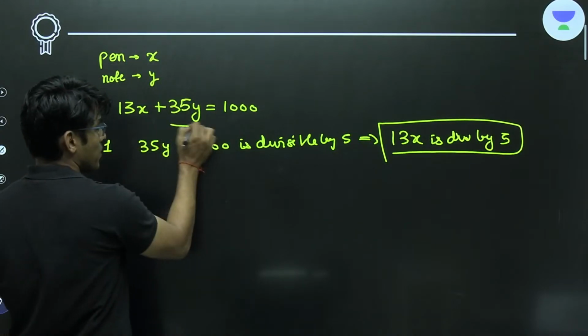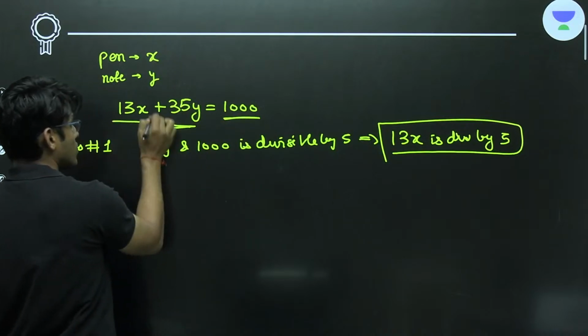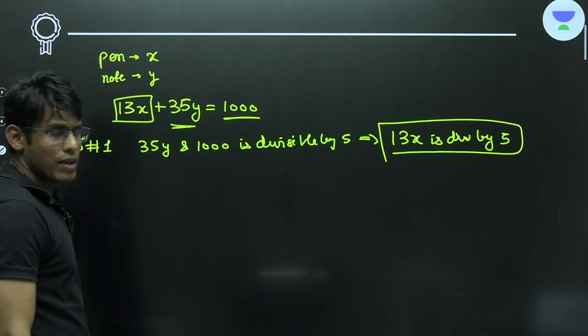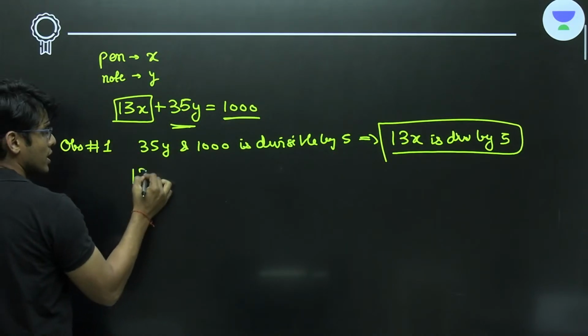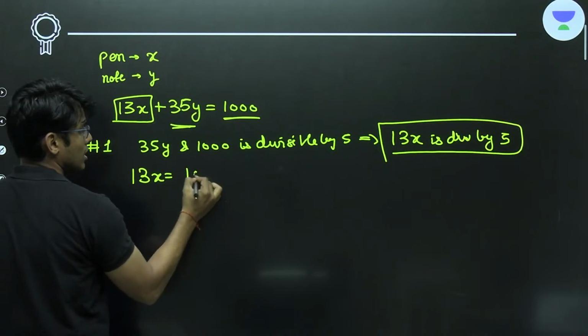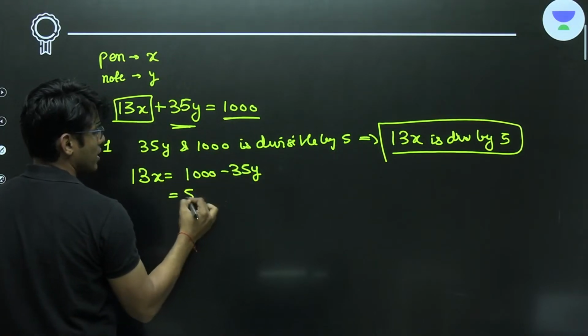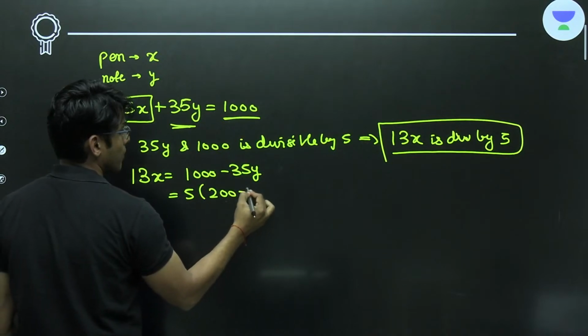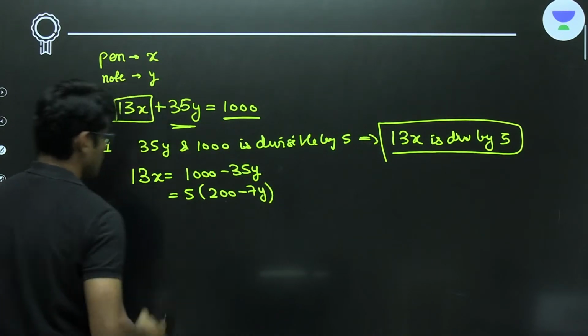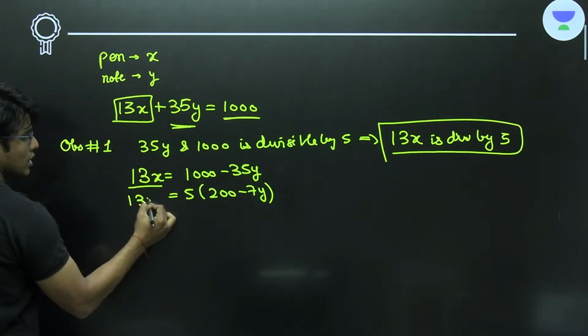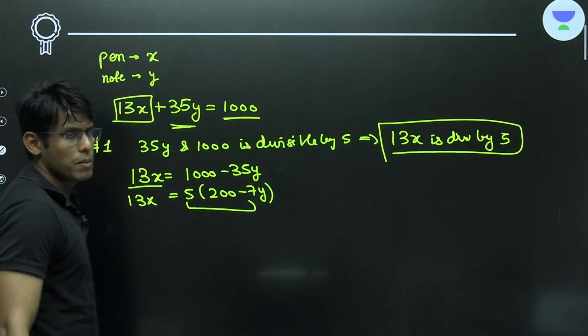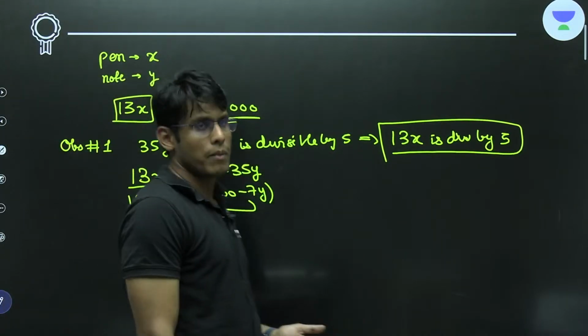See, this is divisible by 5. This is divisible by 5. So, this has to be divisible by 5. If you are not able to see it, let's write it like this. Now, can you take 5 common here? You will get 200 minus 7y. This is 13x. Now, since the RHS is divisible by 5, your LHS has to be divisible by 5.